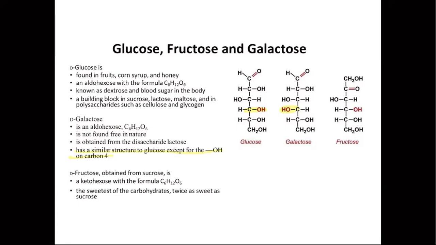And you can see that the three common monosaccharides that are out there, and understand that there's more monosaccharides, these are just the most common, are glucose, fructose, and galactose, okay?